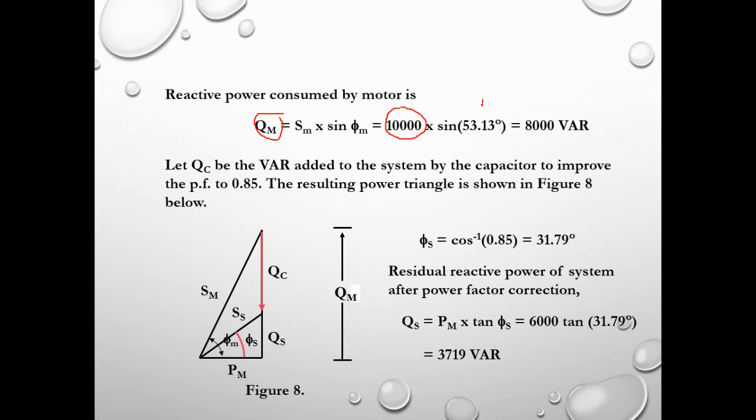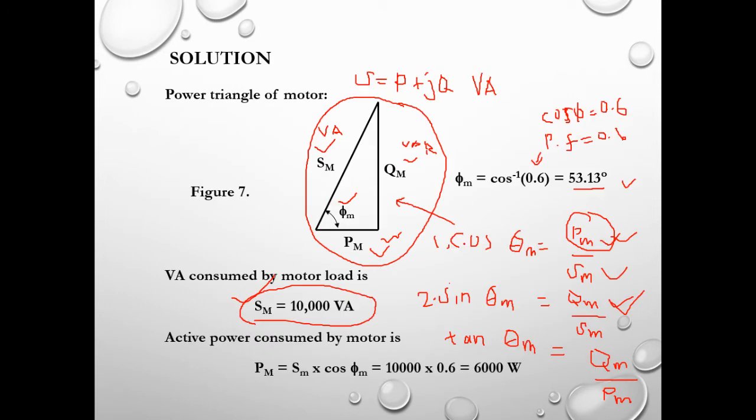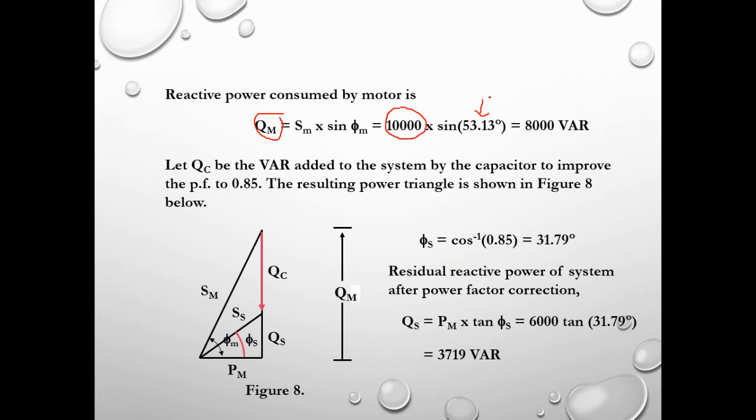So just put in the value of theta M that we calculated over here, 53.13, substitute it here. So we can finally calculate the reactive power QM, which is 8,000 var.